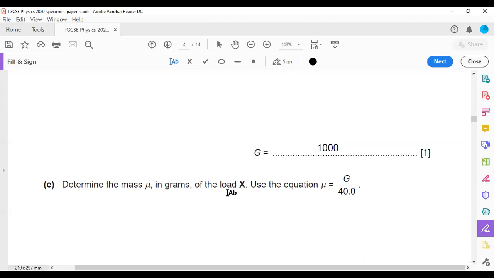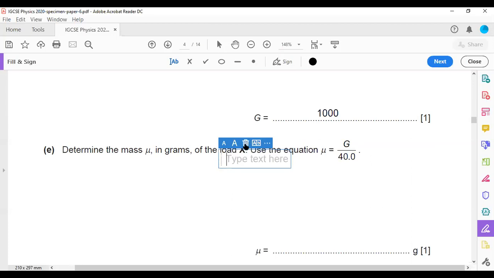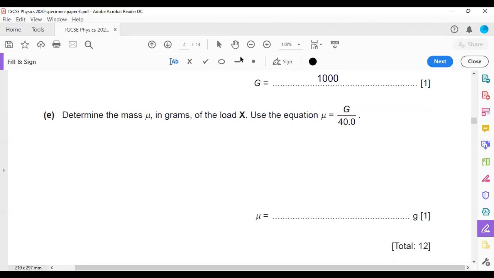So if mu is G over 40, and G was the value we calculated to be 1,000.